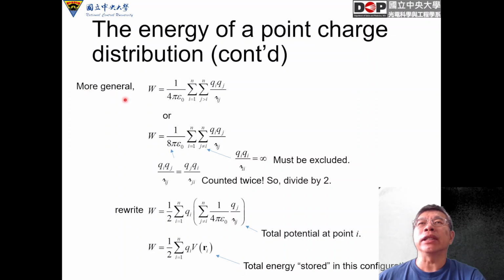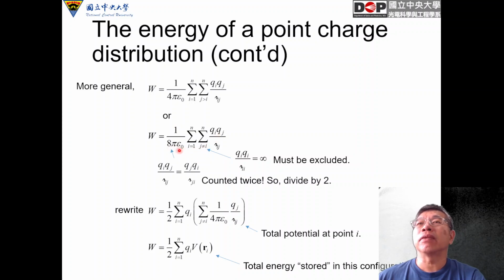More generally, we write it down with the first charge to the nth charge, and the energy is such that each individual charge needs to be considered. So j is larger than i, up to n, the total number of charges you have in this system. We can do the same thing, as long as i is not equal to j.